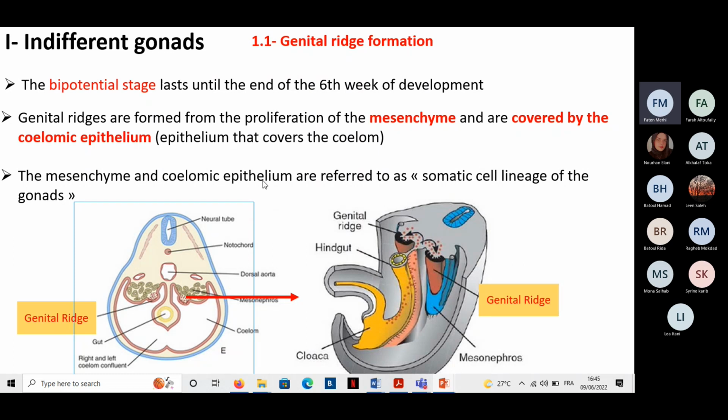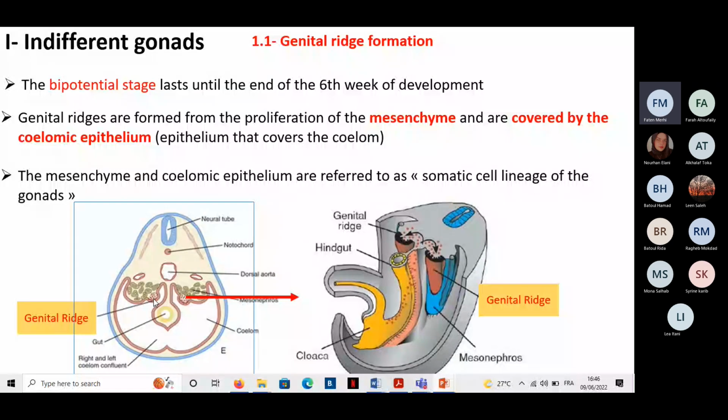So the mesenchyme and the coelomic epithelium are referred to as the somatic cell lineage of the gonads. In fact, as you know, in the gonads we should have the gametes later and the germ cells, but the mesenchymal cells and the epithelial cells of the coelom are not germ cells. They are somatic cells.